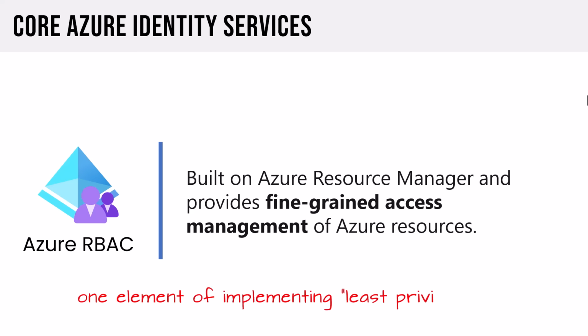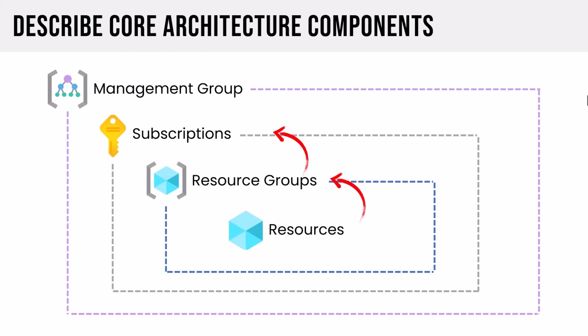It's one element of implementing least privilege. But flashing back to the hierarchy, we can grant permissions, role-based access control, from the very highest level of the hierarchy all the way down to an individual resource if we so desire. Resource types in a specific subscription. That's why they call it fine-grained access control.